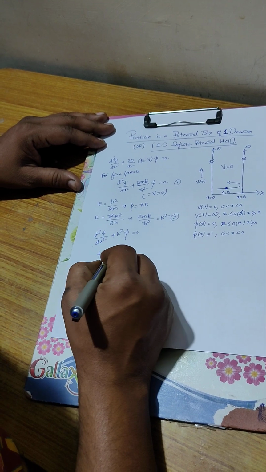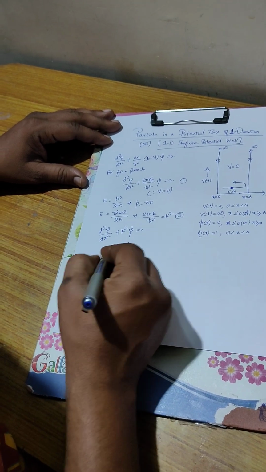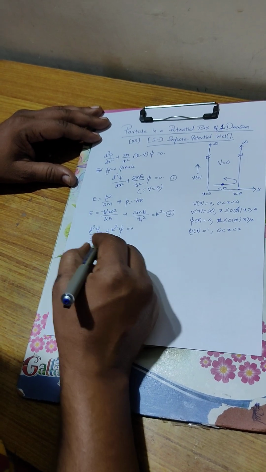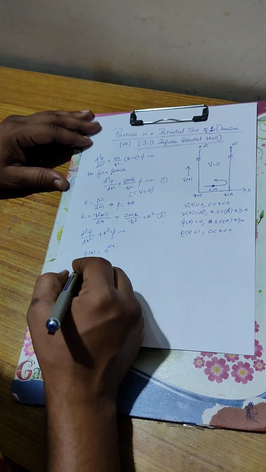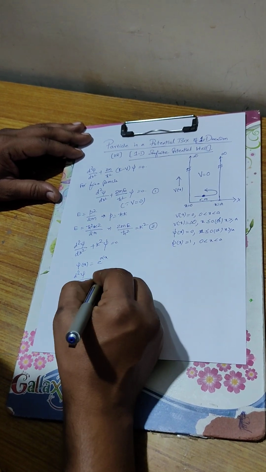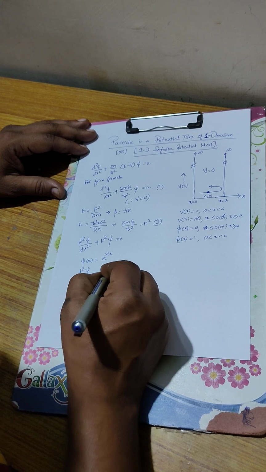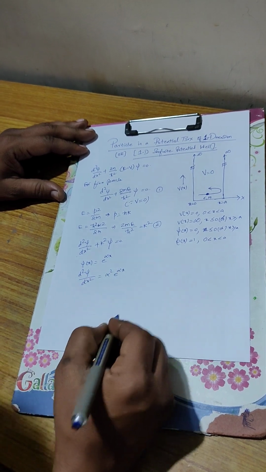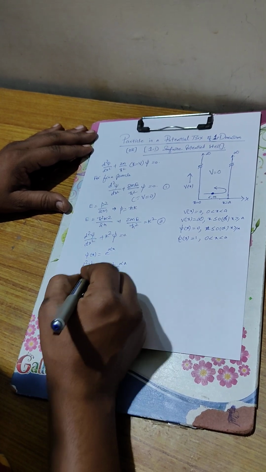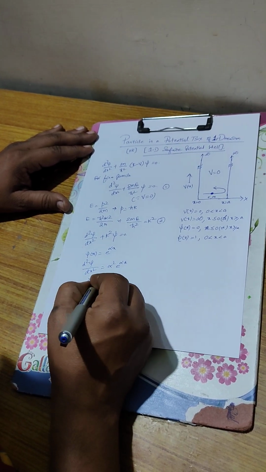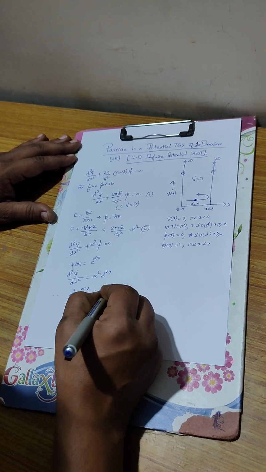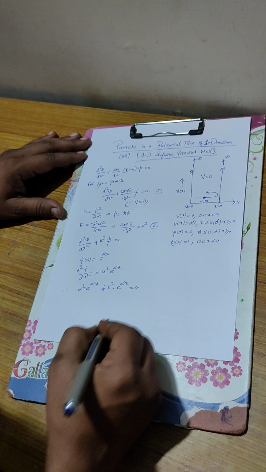So ψ(x) = e^(αx). Differentiating twice with respect to x, we get d²ψ/dx² = α² e^(αx). Therefore, α² e^(αx) + k² e^(αx) = 0.